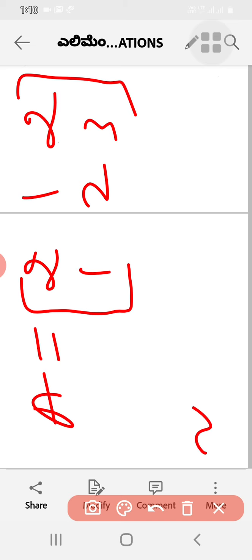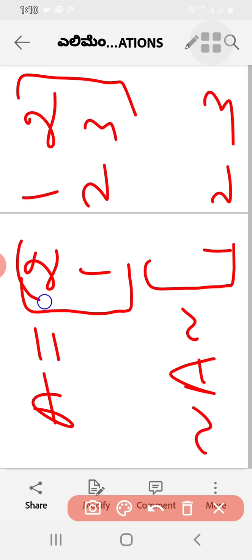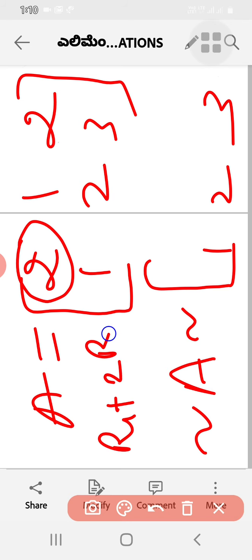So I have to change this matrix here. The second row is not changed here: 1, 2, 3. Instead of 2, R1 plus 2R2. So R1 plus 2R2 means what I got? I got 4. Then for this element, 1 plus 2 into the corresponding element, which is 2.